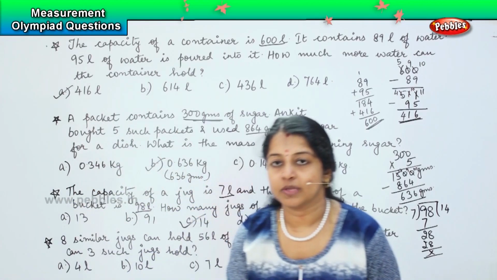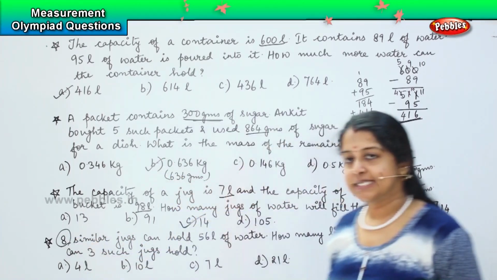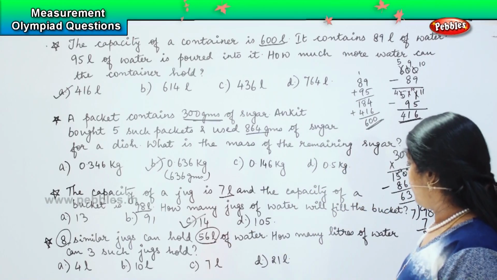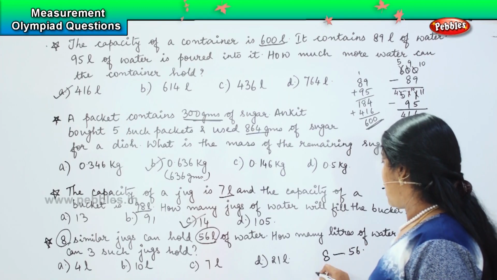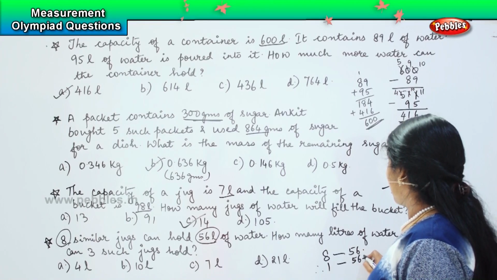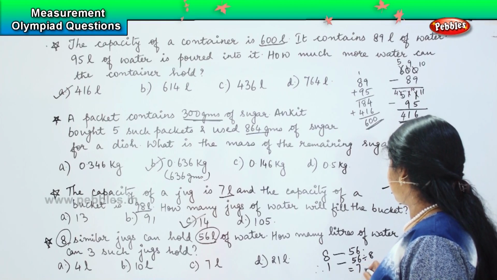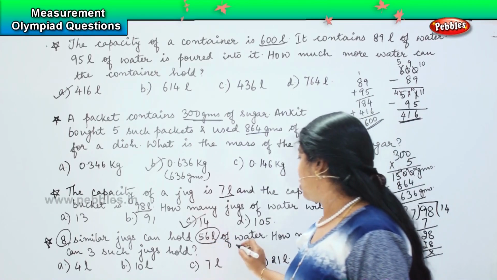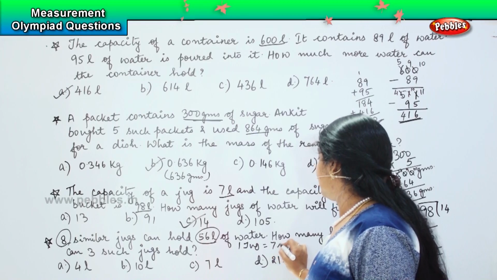So now it's a tricky question again. 8 similar jugs, meaning 8 same jugs, can hold 56 liters of water. So if 8 jugs can hold 56 liters of water, how much will one jug hold? So which means 56 divided by 8. So that will give me an answer of 7 liters. So which means one jug has a capacity of 7 liters.